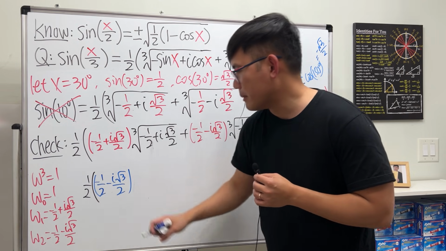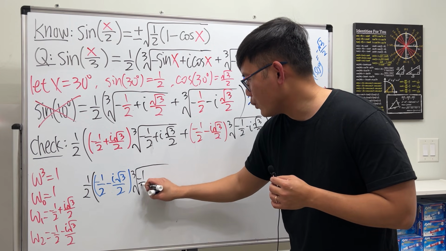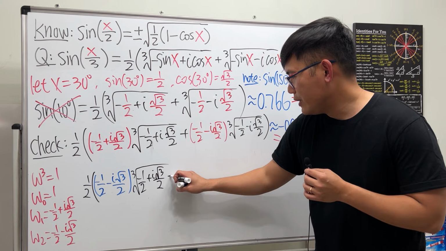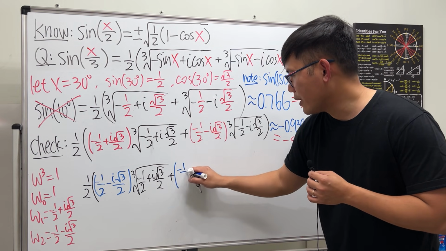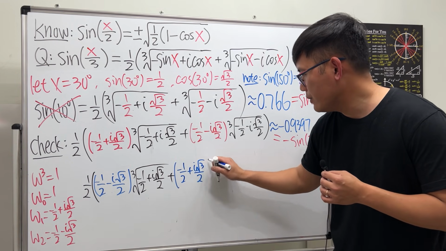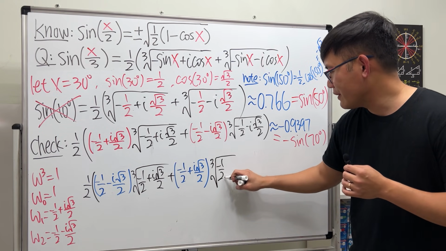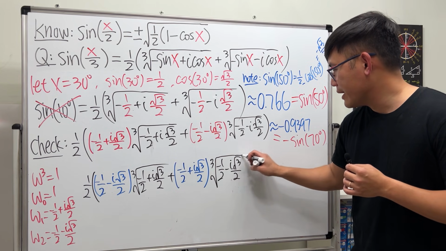Don't worry, I remember my parentheses, times the cube root of negative 1/2 plus i square root of 3 over 2. And then we add omega 1, which is negative 1/2 plus i square root of 3 over 2, times this part, the cube root of negative 1/2 minus i square root of 3 over 2.